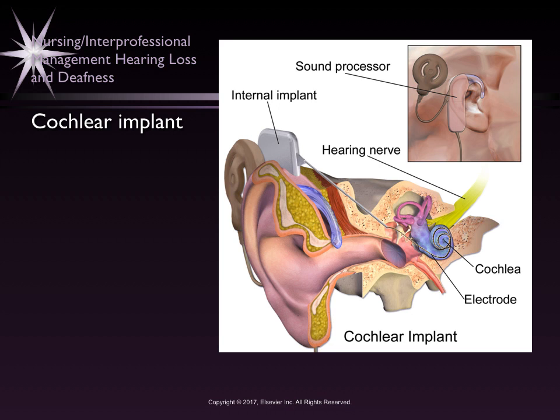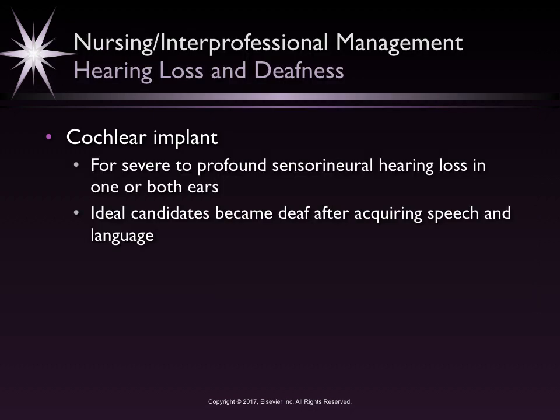They send information that covers an entire range of sound frequencies. They're for severe to profound sensorineural hearing loss in one or both ears. Ideal candidates became deaf after acquiring speech and language. It's much easier for them to interpret the information that's being broadcast to their neurosystem.